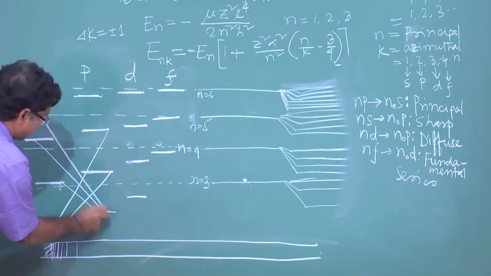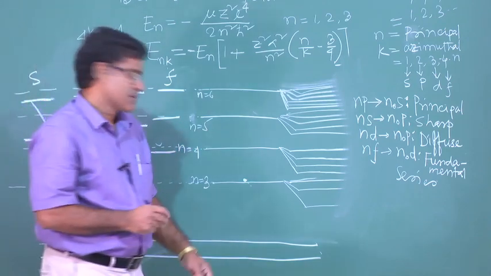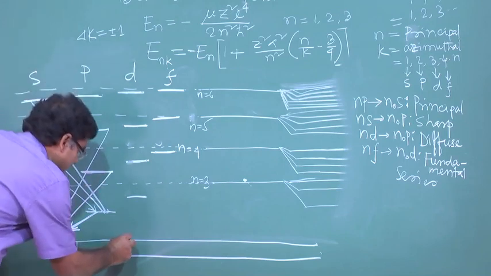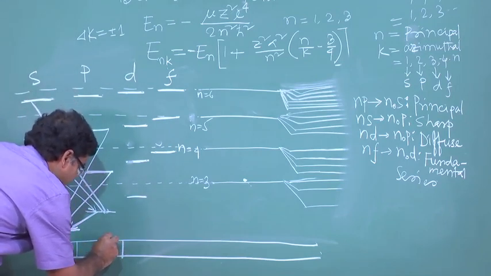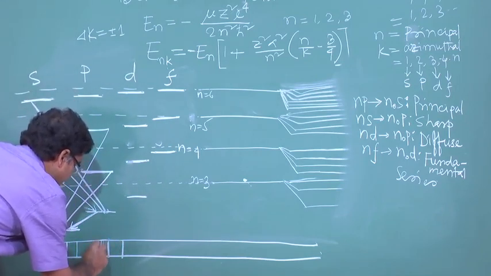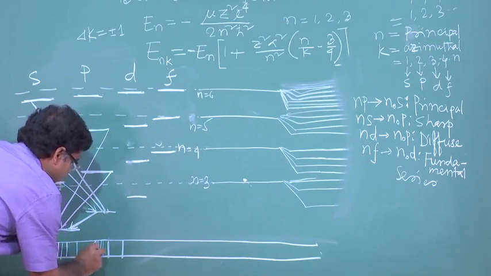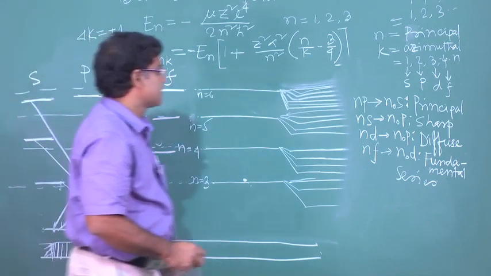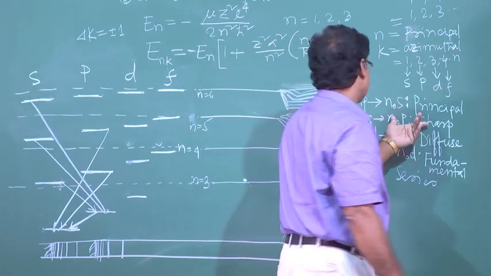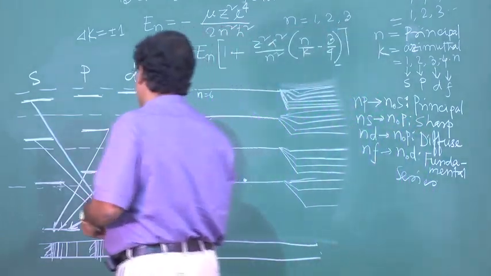This way you will get transitions, and again a similar series, and then the series limit. This series limit belongs to the sharp series.